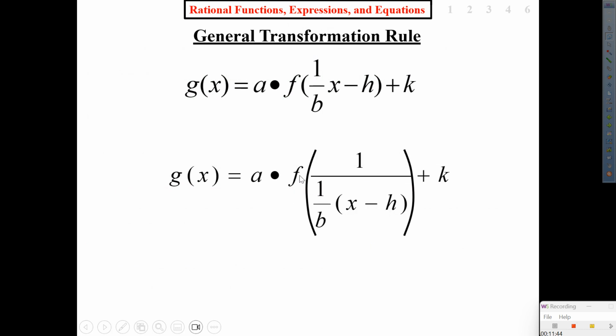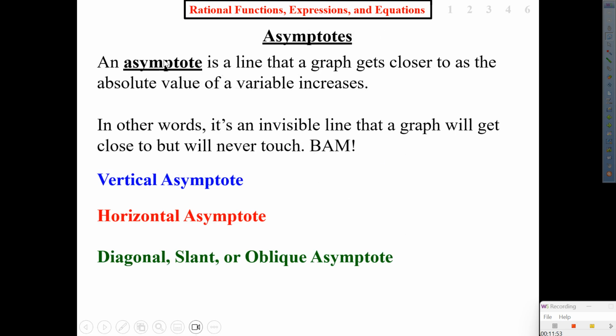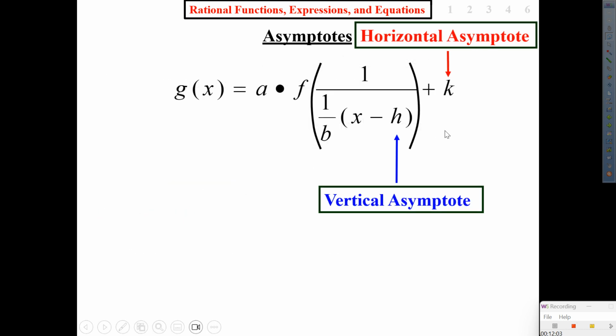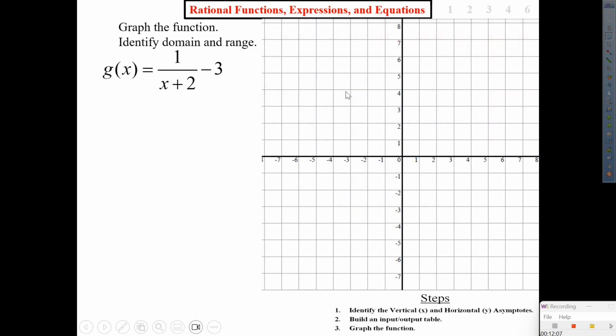Now, reminder, we now are in this general rule for rationals. And we know what they are because they now include asymptotes. Last week we covered vertical and horizontal. We still are on those. We know what they are and how to get them. From there, we went to graph B. However, now we are here.